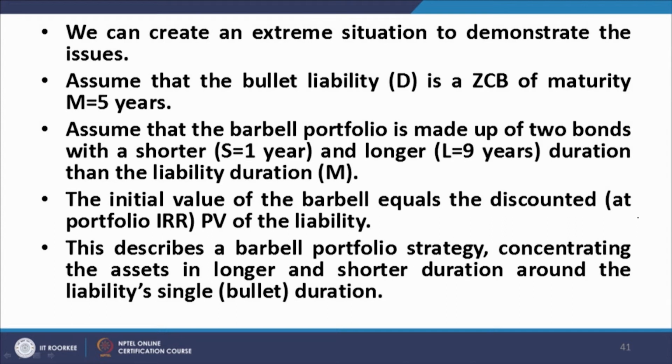The initial value of the barbell equals the present value of the liability, discounted at the portfolio IRR. This describes a barbell portfolio strategy concentrating the assets in longer and shorter duration around the liability's single bullet duration. So, that is the basic definition of how we use the barbell strategy for immunizing a portfolio.